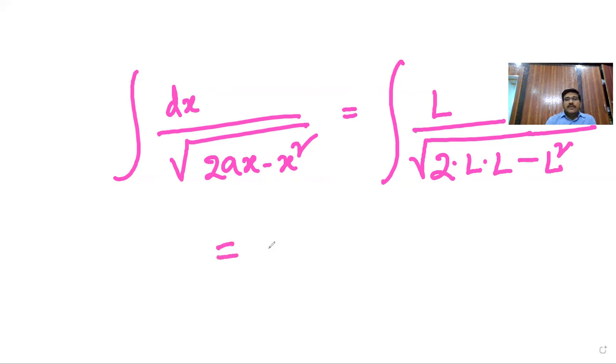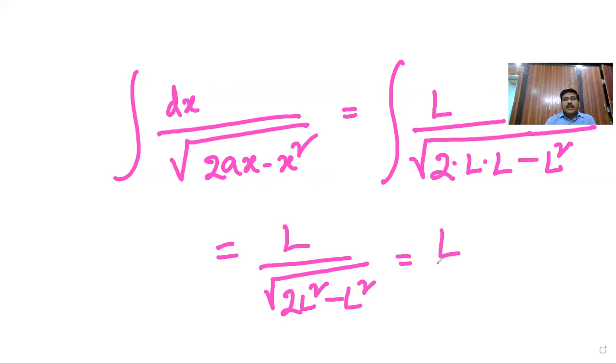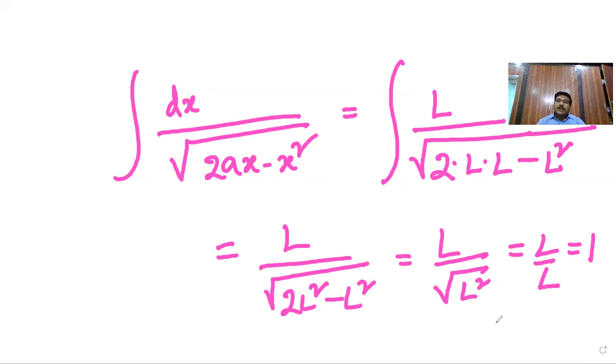On simplification, without integration, 2L square minus L square, which gives L by under root of L square, L by L, which is 1. So the left hand side expression becomes 1 on simplification. Clear?